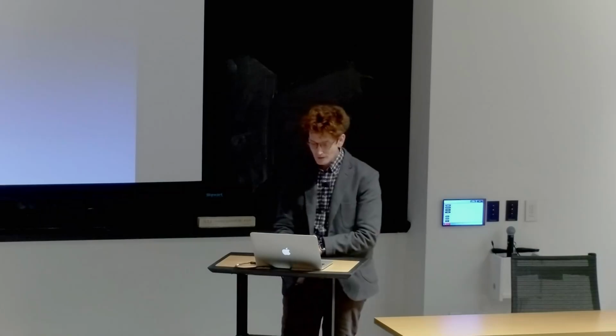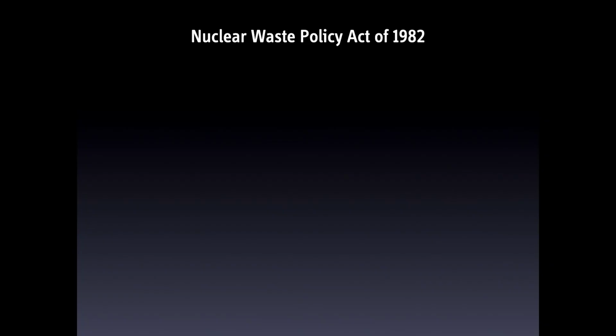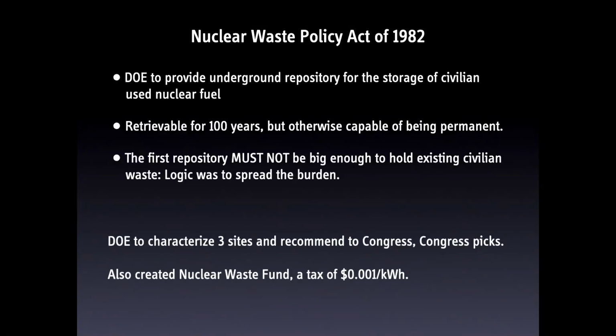Finally, in 1982, the Nuclear Waste Policy Act became the first act passed by Congress to outline a solution. By 1982, you may know, the Atomic Energy Commission ceased to exist. It became the Department of Energy and the Nuclear Regulatory Commission. So this all now fell to the 1982 Nuclear Waste Policy Act.